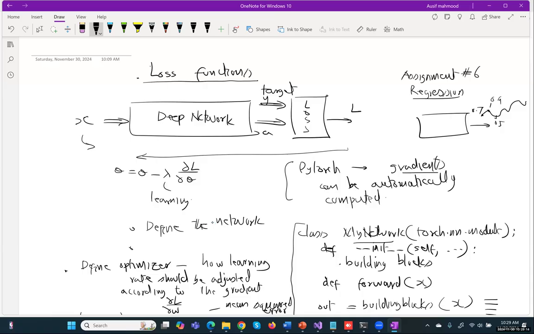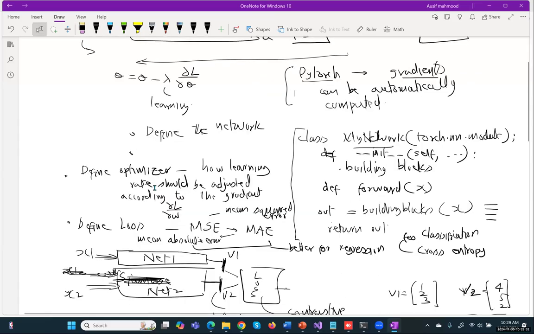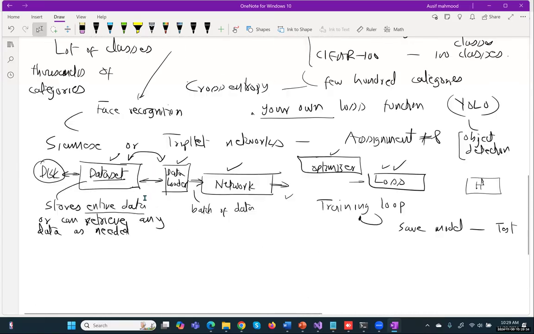So PyTorch, through its AutoGrad, automatic gradient computation, which is partially symbolic, partially numeric, will figure out the gradient, and all we have to do is tell it to, once we define the optimizer in PyTorch, right?